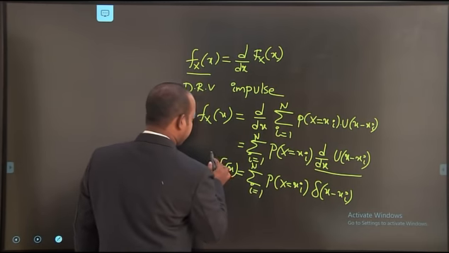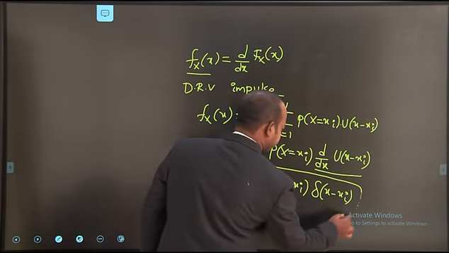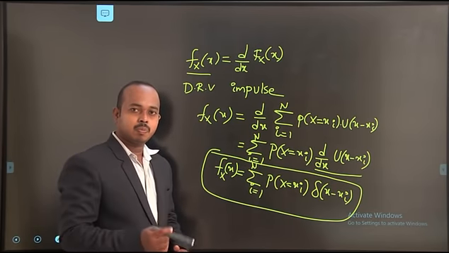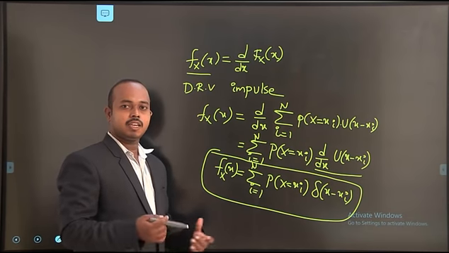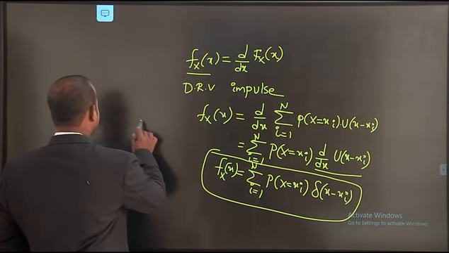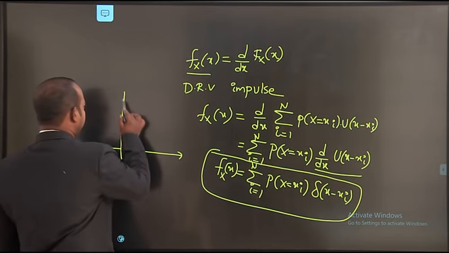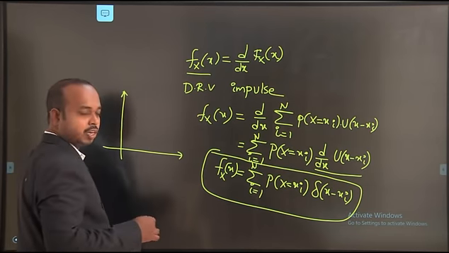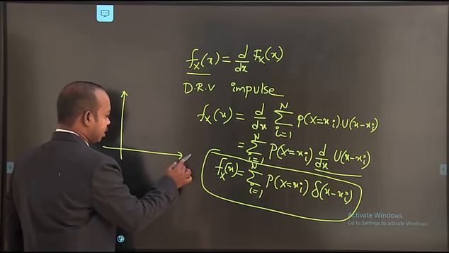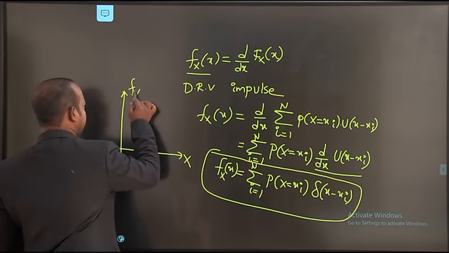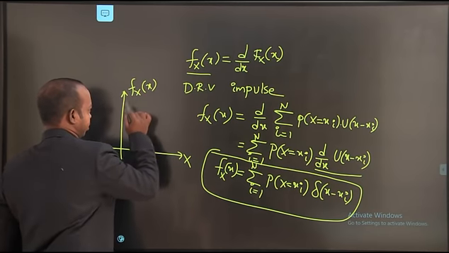What is its graphical representation? The graphical representation for a probability density function is an impulse. Here I am representing that impulse for a discrete random variable x. In this direction, I am representing the density function fx of x.